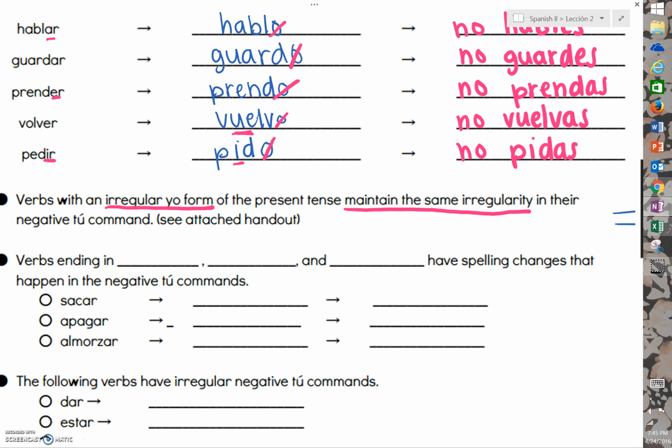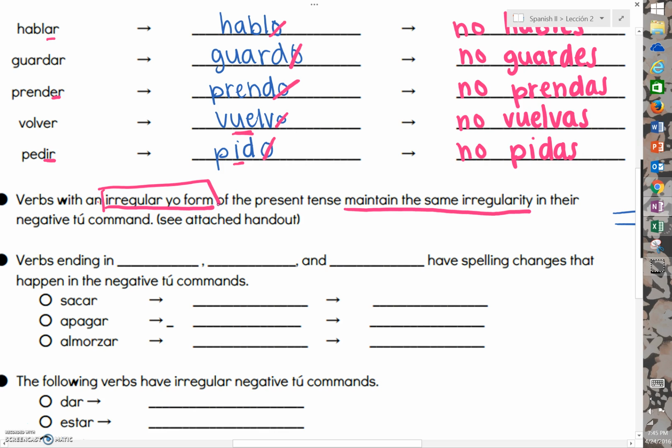In addition to remembering our irregular yo form, we also have to think back to the preterite tense. Okay, think back to when we learned the preterite all the way back in September and October. We talked about 3 very special types of verbs, and these verbs have a spelling change that only ever happens in the yo form.